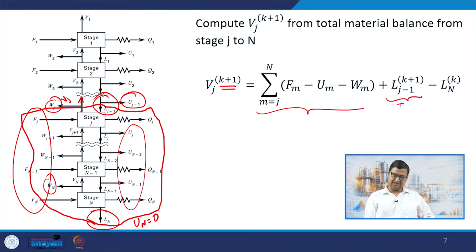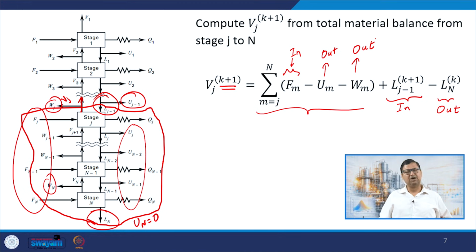So, this is what is entering in the liquid, this is what is leaving in the liquid, this is what is entering in the feed, this is what is leaving in the side stream, and this is what is leaving in the vapor side stream. So, U and W are for liquid and vapor side stream. So, we are doing in minus out, and that gives me the net amount of vapor that is leaving there, right.